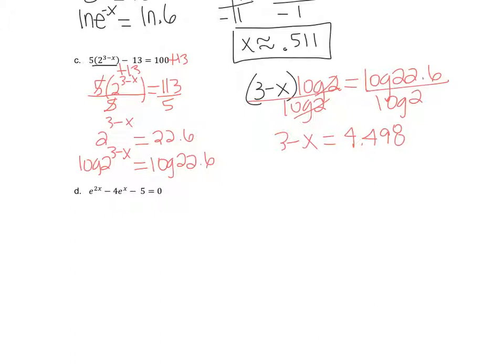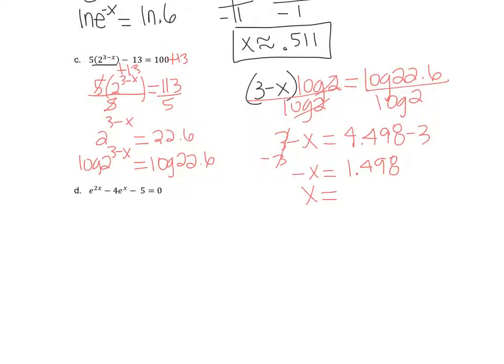My next step to solve for x is subtract 3. So I've got negative x equals 1.498. And then finally divide out that negative. So x equals negative 1.498. And that's the solution.